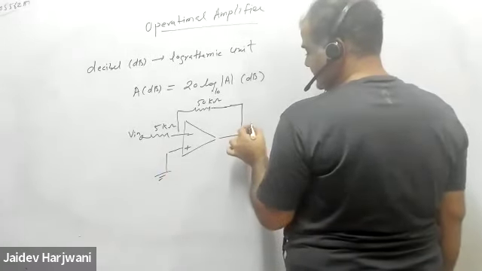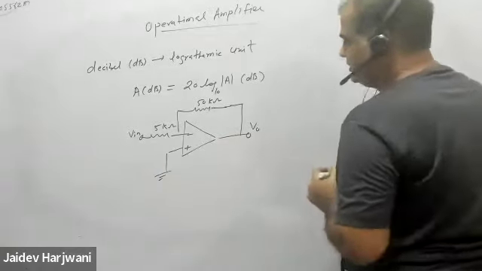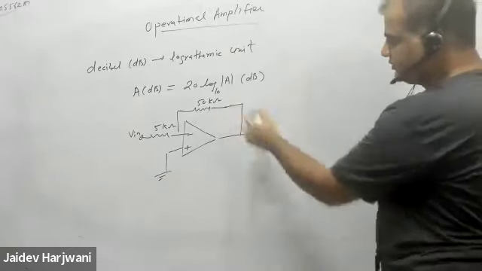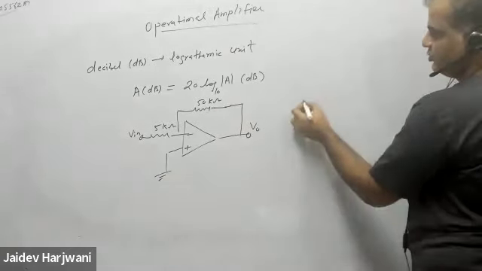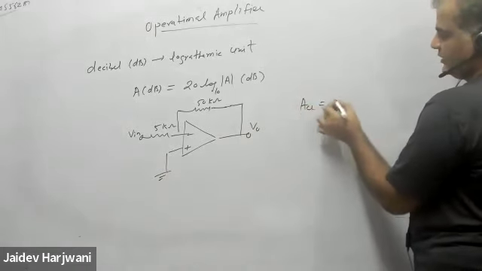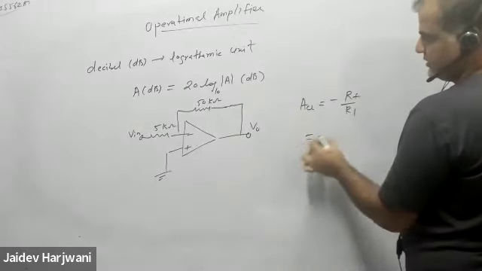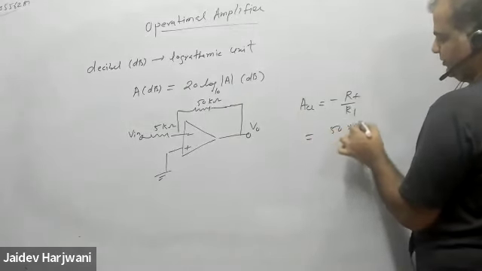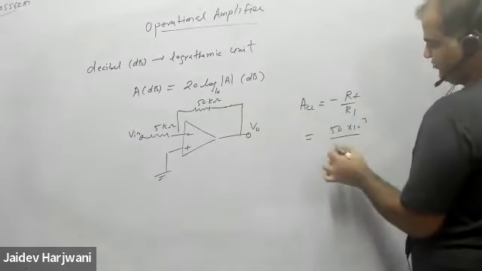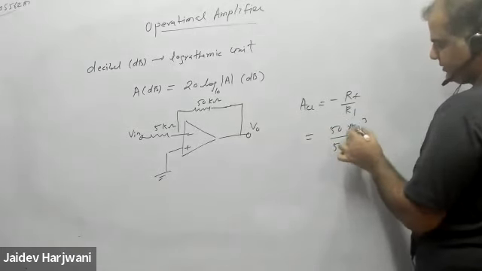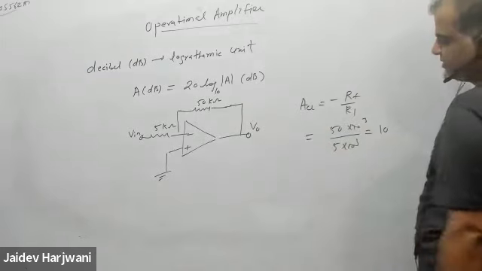And I'm measuring the voltage here. So what is the gain of the circuit? Closed loop gain. ACL will be minus RF upon R1, that is 50 kilo ohm divided by 5 kilo ohm. That is, the number is 10.